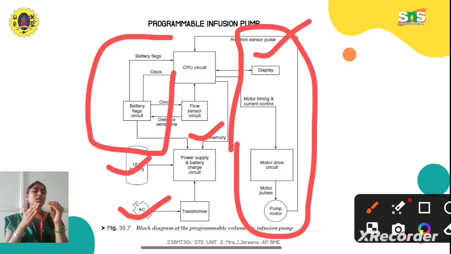The CPU unit carries all the information from all the sensors and compares it with the preset and threshold values. According to that, the CPU gives decision signals to the respective circuit blocks like the motor drive circuit, and the motor moves accordingly. So this is the overall block diagram of a programmable infusion pump. Thank you.